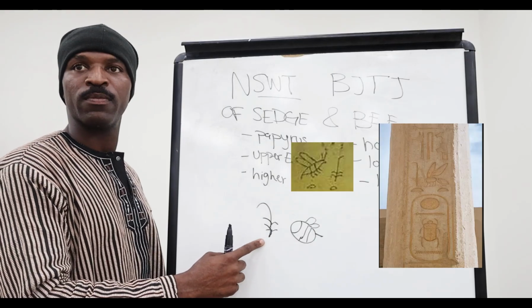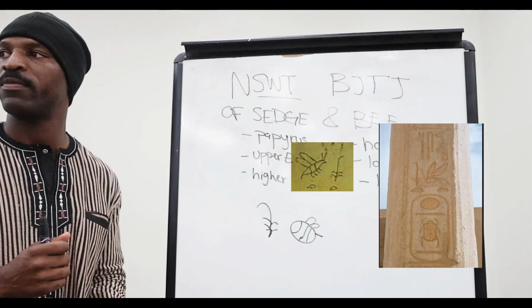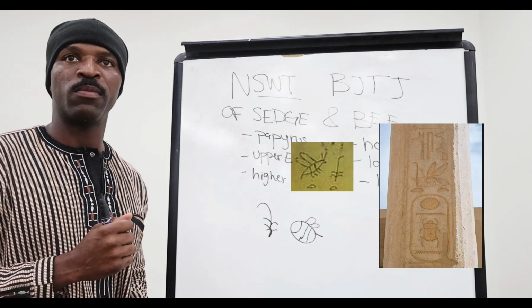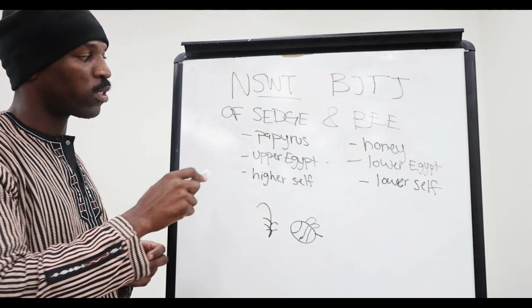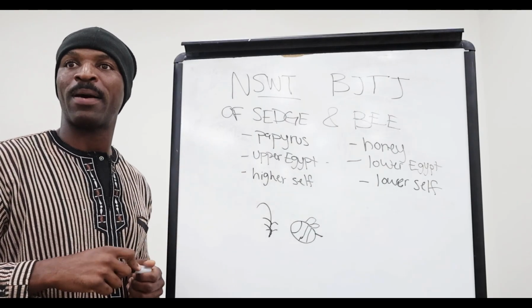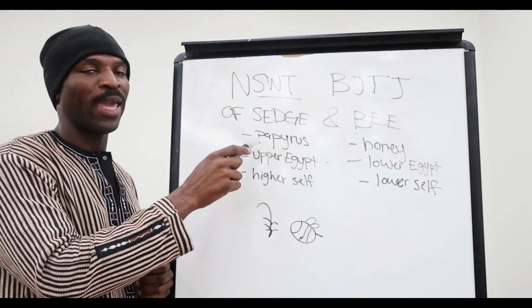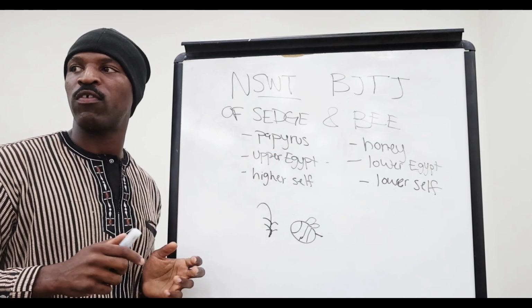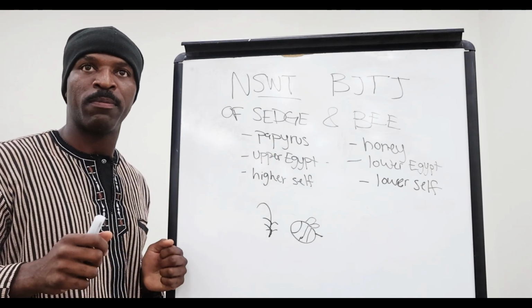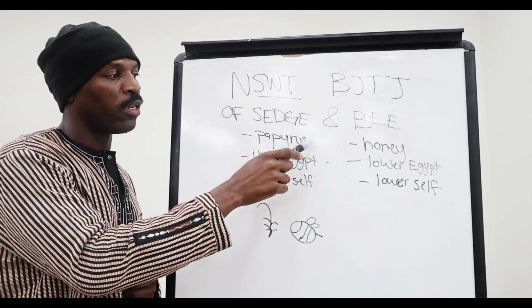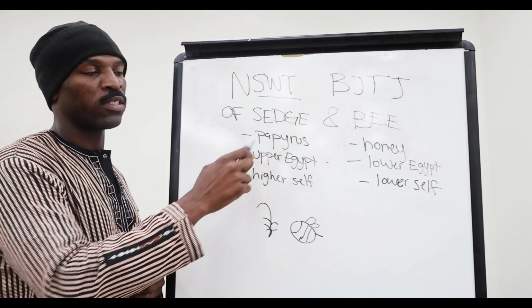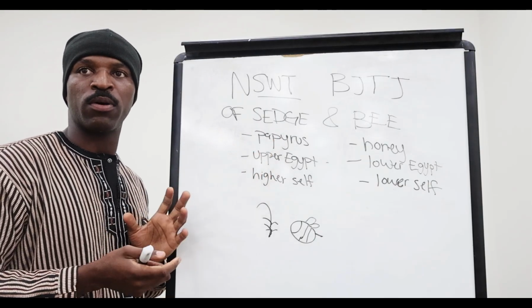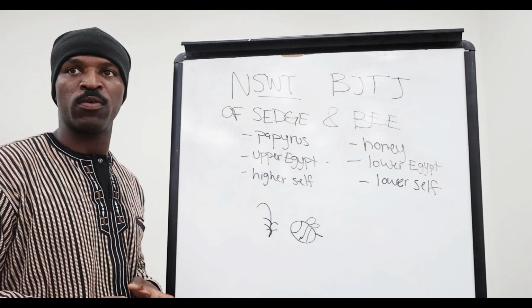The sedge is a plant that grew by the Nile. And one of the most popular sedges that they had was called the papyrus. This is where paper comes from. This is one of the original forms of paper. They took the sedge, broke it down, and made paper. It was associated with intellect, okay? The sedge was the symbol of Upper Egypt. There's two parts to Egypt: an Upper Egypt and a Lower Egypt.